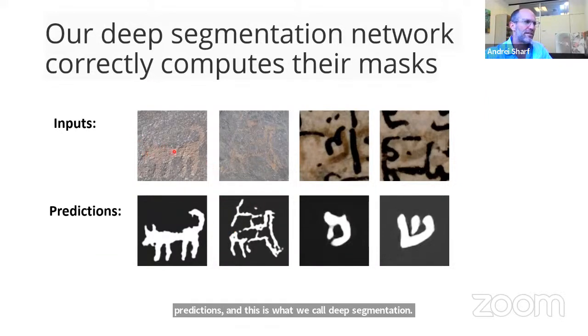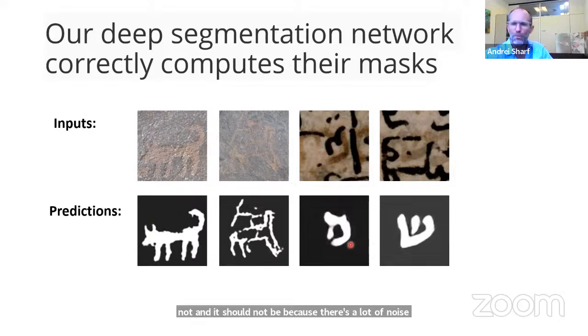Our idea is to take inputs of ancient walls or handwritten letters, and to bring out from the noise the correct foreground mask. The mask is not accurate, and it should not be, because there's a lot of noise, occlusions and corruption.